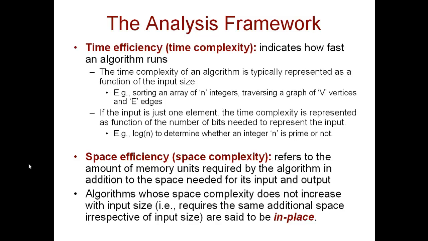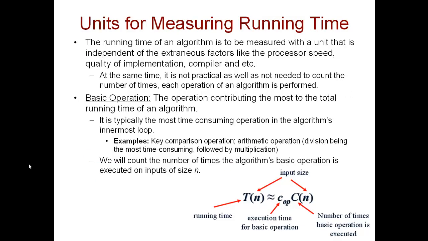To sort 10 integers, it requires 3 additional variables. To sort 1 million integers, it still requires 3 additional temporary variables. Then its memory requirement does not grow with input size, so it is said to be in place. These are also called constant space complexity algorithms, and we indicate that with the theta of 1 notation. We look at asymptotic notations in detail in this course.